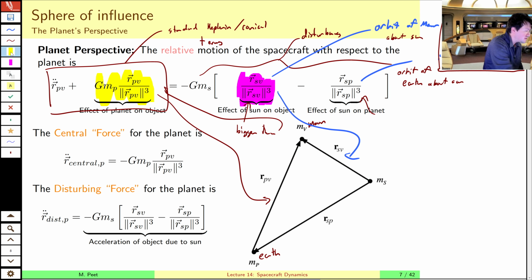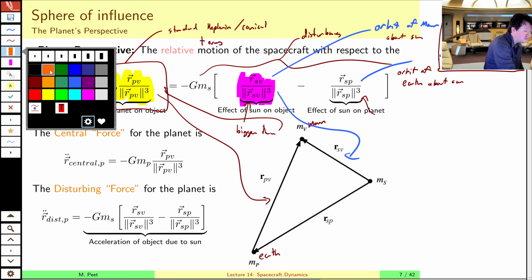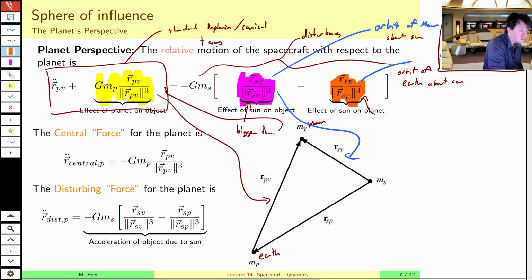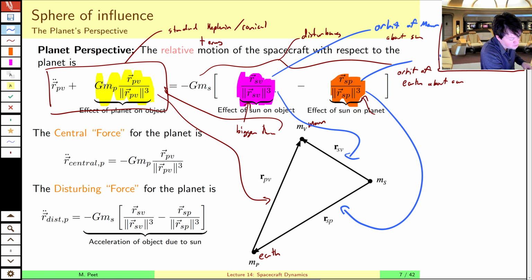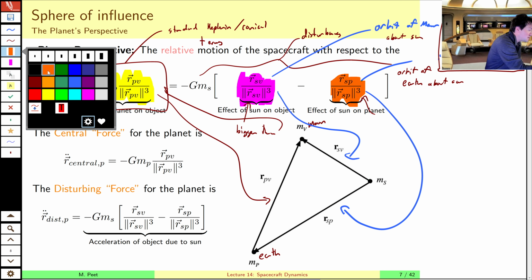Let me find a different color to highlight this difference here. The extent to which these two accelerations differ is going to determine the extent of the disturbing force or disturbing acceleration. So if we think about this, let's get back our yellow.